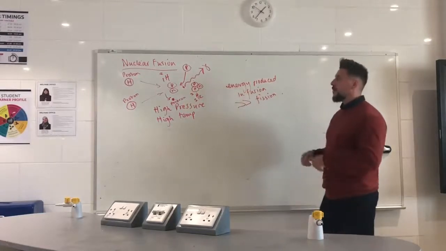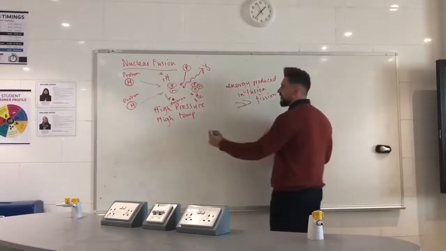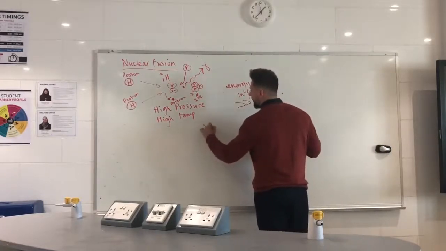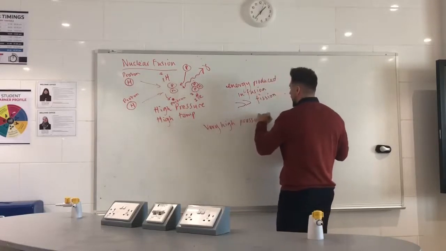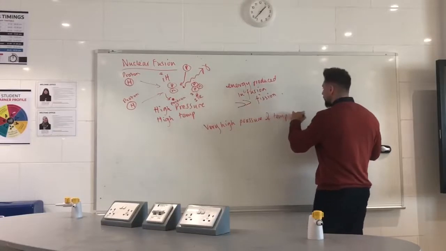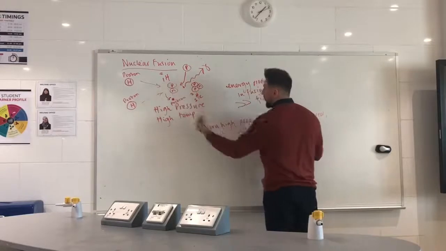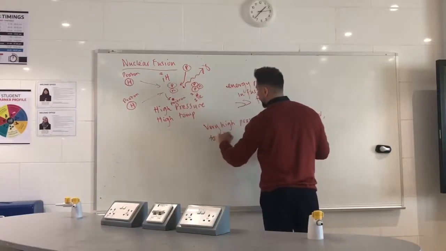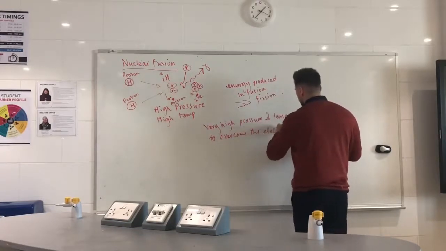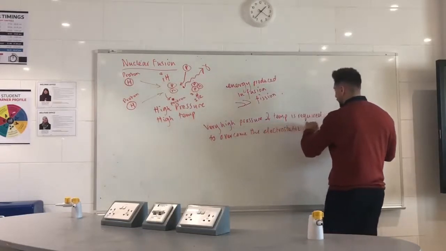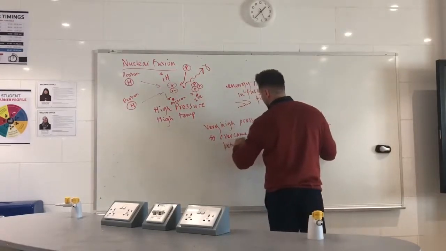If the question says, why is nuclear fusion not used on the large scale, or not used to produce electricity around the world? Very high pressure and temperature is required. The reason that you need very high pressure and temperature is to overcome the electrostatic repulsion between protons.